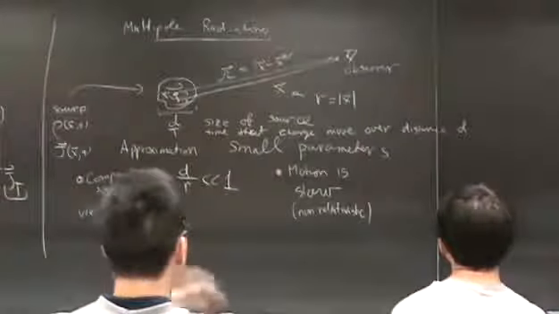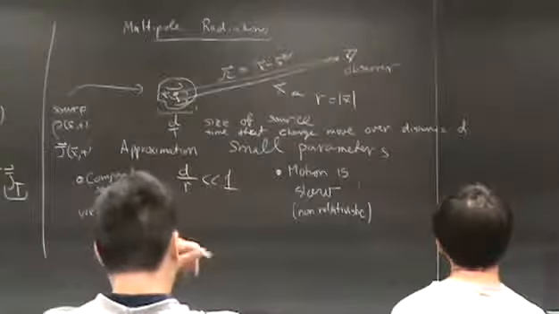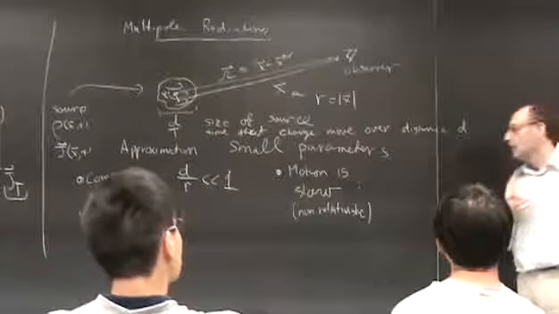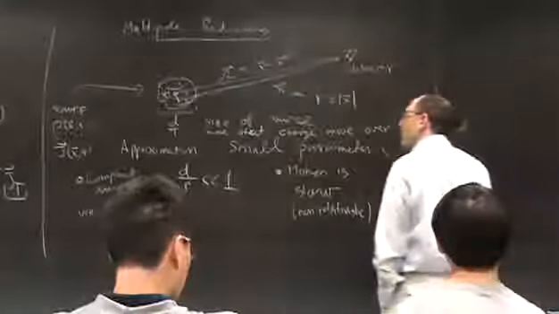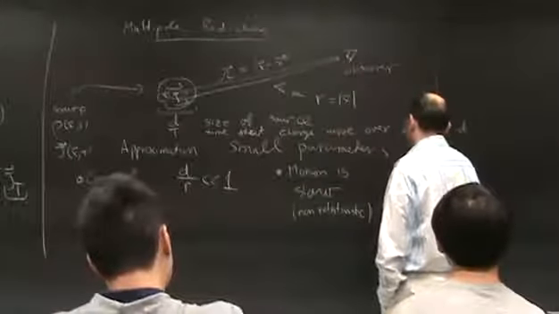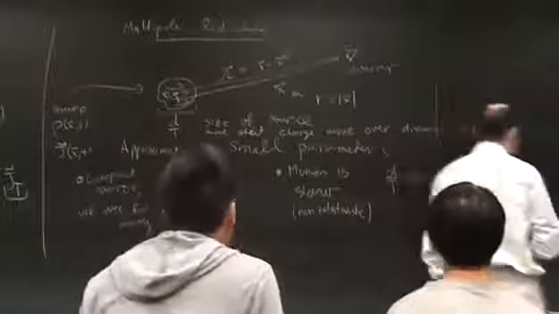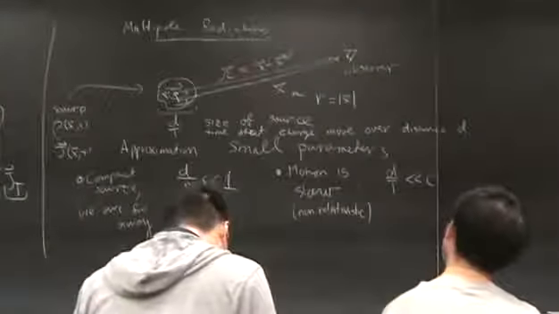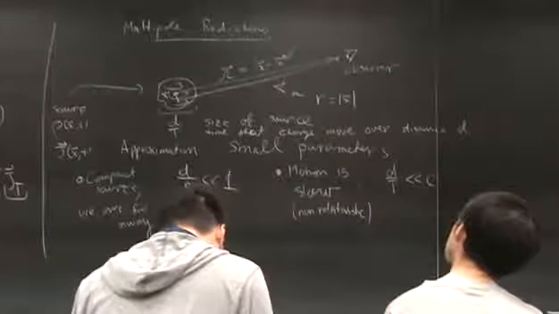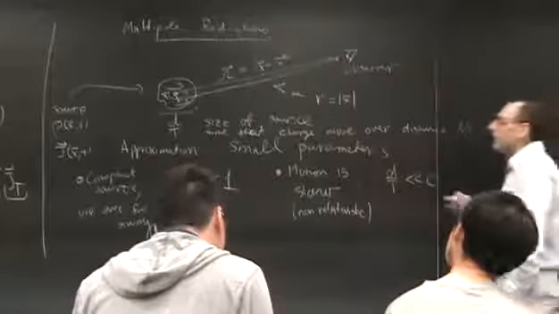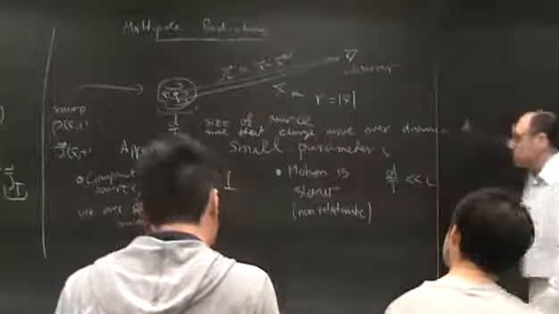So that means their characteristic speed is d over t. So what we're assuming here is that d over t is much, much smaller than the speed of light. So those are the two approximations which we're going to make.